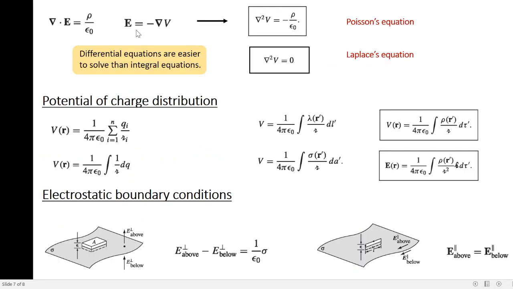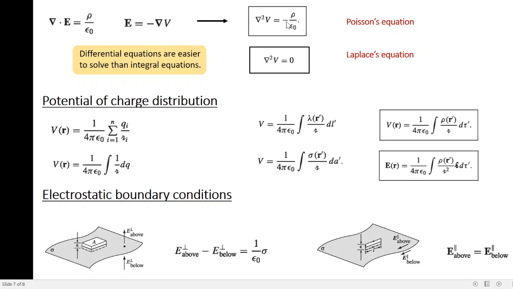Now let's try to make some mathematical manipulations. We have derived the divergence of E equal to rho by epsilon naught, and also we now know electric field E equal to minus grad V. So instead of E, now you can write minus grad V. So the equation becomes del square V equal to minus rho by epsilon naught. This is a famous equation known as Poisson's equation.